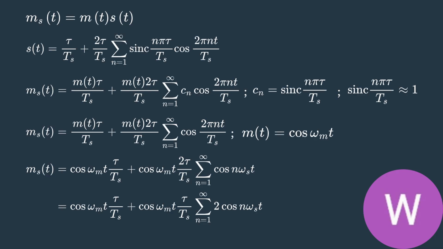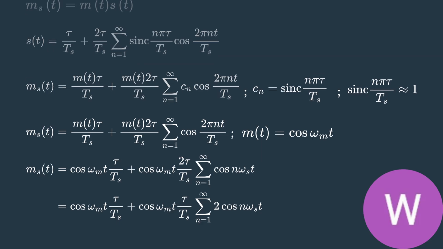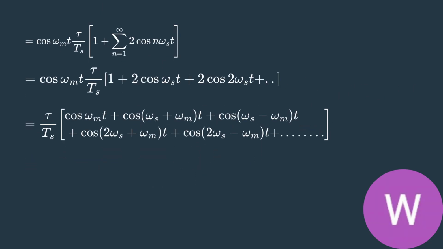We multiply m(t) by it, and in the end we get m_s(t) equals this expression: cos omega_m t times tau over Ts plus cos omega_m t times tau over Ts, summation n equals 1 to infinity, 2 cos n omega_s t. Here is how we continue to expand the expression, until m_s equals tau over Ts in terms of cosine functions.